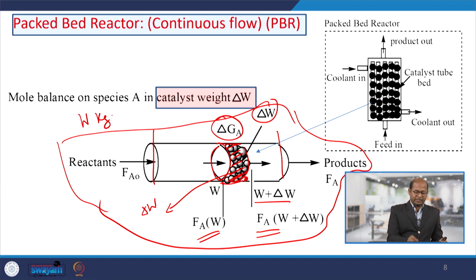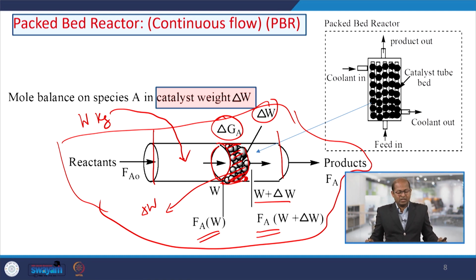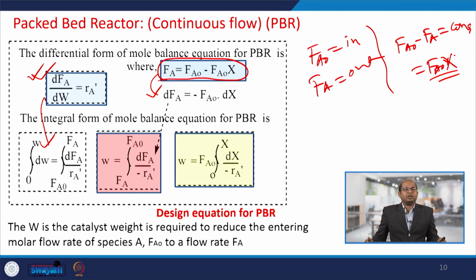W kg of catalyst is required to fill up the reactor to get a specified conversion. If we want, let us say, x equal to 10% or 20% conversion, then we have to specify that particular conversion. Then the total amount of catalyst you have to place to carry out the reaction we can easily find out.